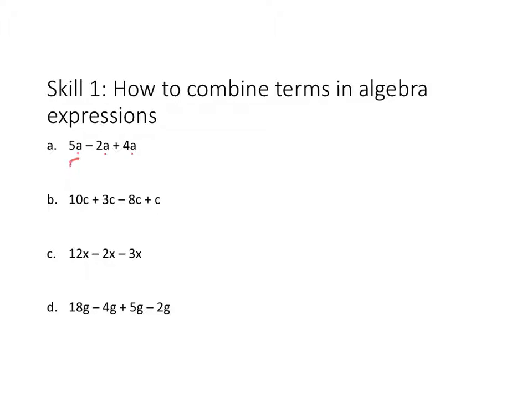We could pretend that this says 5 minus 2 plus 4. Now 5 minus 2 is 3, 3 plus 4 is 7. But because they have a variable A behind all of them, we have to make sure that we bring it back in, 7A. And so that is your answer when we combine these terms in an expression.